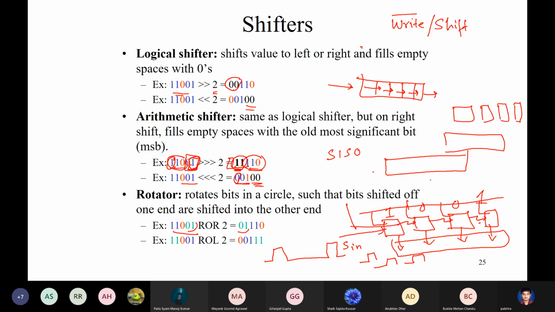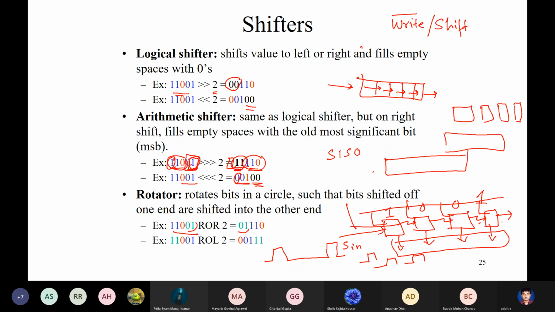Now if you use this write shift line, then the final output of the final flip-flop would give you a serial output. And how do you propagate this? You have to keep the shift on. So you have to make the write on for one clock cycle, where you can write.